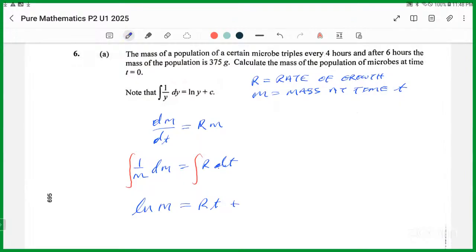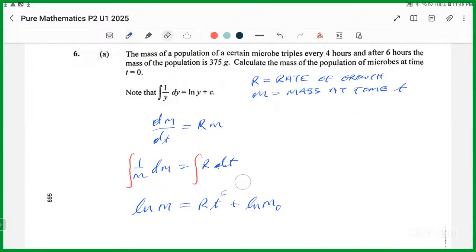Now, when you're working with logs, you want the constant to be a log as well. We'll call that ln of the mass at the start, because when t equals 0, ln m will be equal to ln m0. So this is the mass at t equals 0.